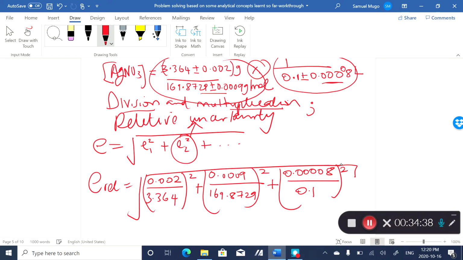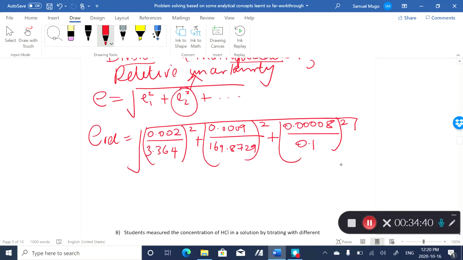Again, I square it, and then now I can do the propagation that way.